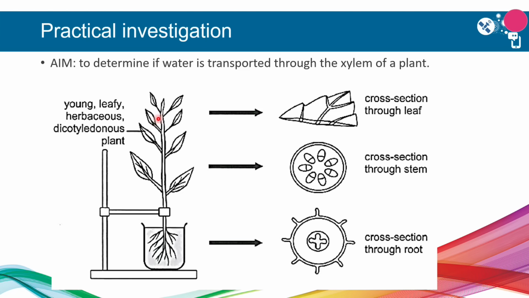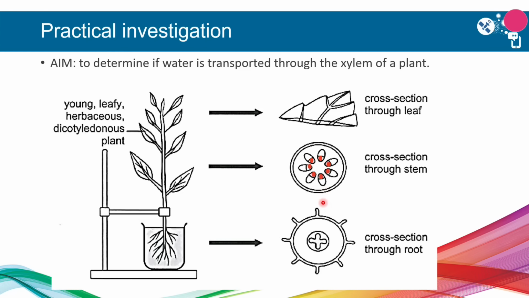So then if we take a cutting through the stem and then through the root, this is what we'll basically see as a type of diagram. So this is the stem and this is the root, and then the areas that contain this dye will stain the xylem red.